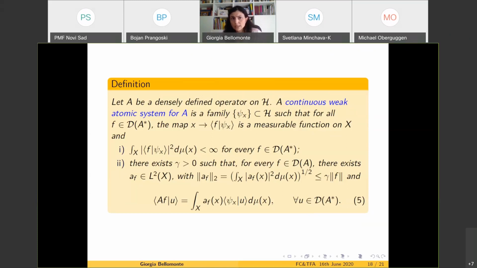We took a densely defined operator A on H, and then we took a family psi in H. If it is such that for every f in the domain of the adjoint of A, this is a measurable function on X, and these two conditions hold true, then psi is a continuous weak atomic system for A.